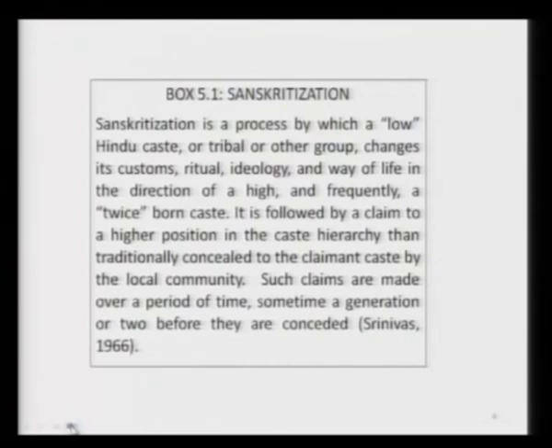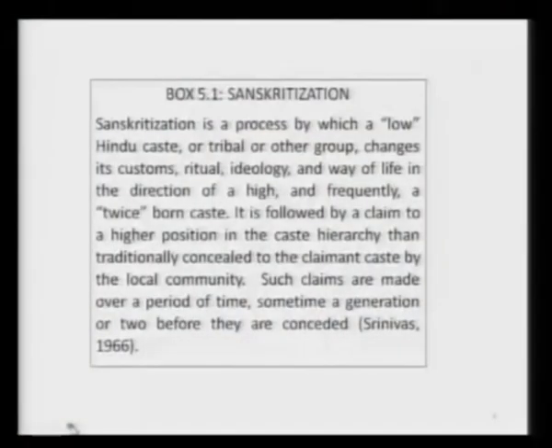It can be changed in customs, which are practices, rituals, religious rituals, ceremonies, ideologies. Ideologies can be social, economic, political, any ideology, and way of life in the direction of a high and frequently a twice-born caste. You know that in India we divide all castes or social groups into two categories.